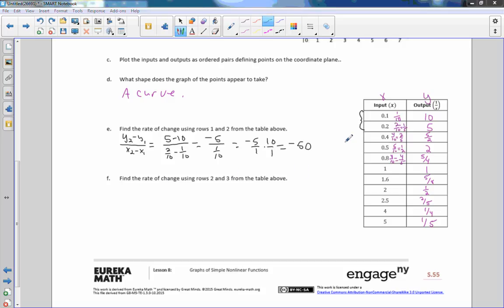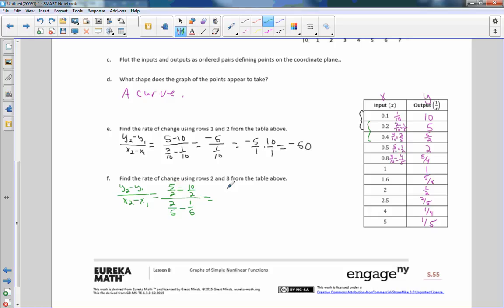Okay, find the rate of change using rows 2 and 3. That is these, 2 and 3. So y2 minus y1 divided by x2 minus x1 equals 5/2 minus 5, which is 10/2, over x2, which is 4/10, or 2/5. Let's do 2/5 because they both reduce to fifths, minus x1, which is now 1/5.